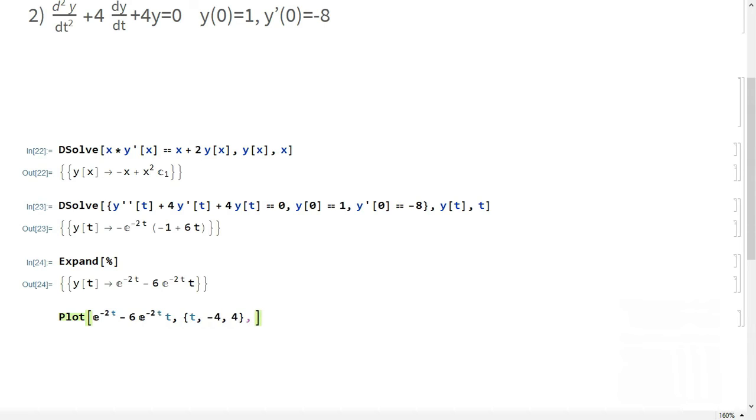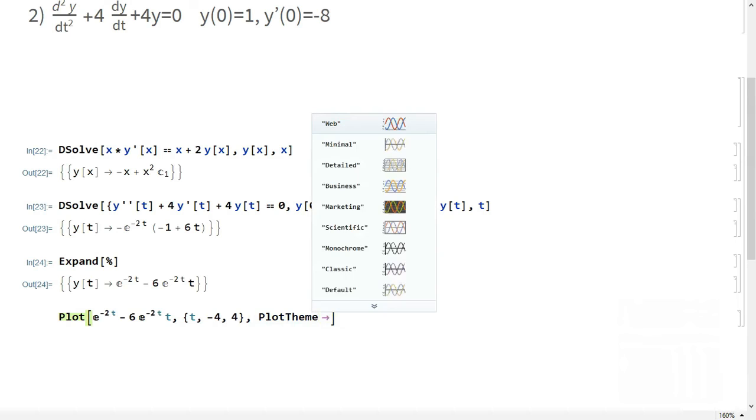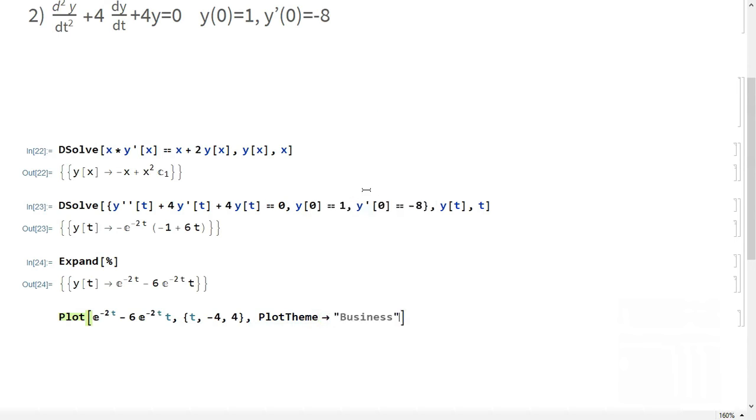Again we want to label our axis and we want to select a theme, and let's say today we go with business. Let's see what that gives us. So we go for PlotTheme business, and we want to label our axis as well.